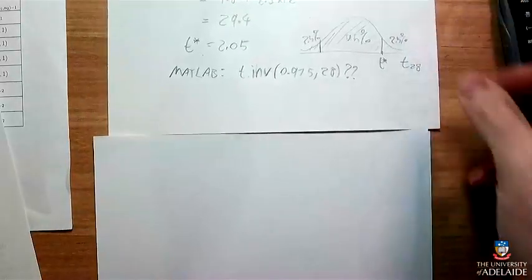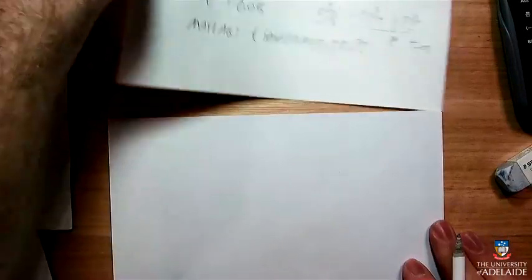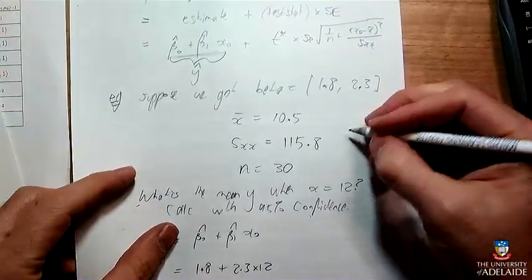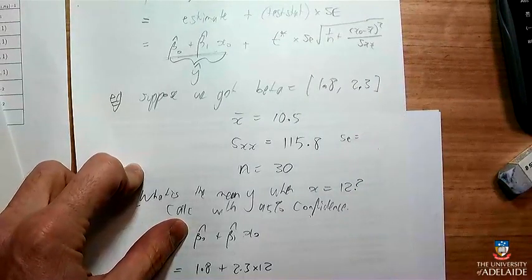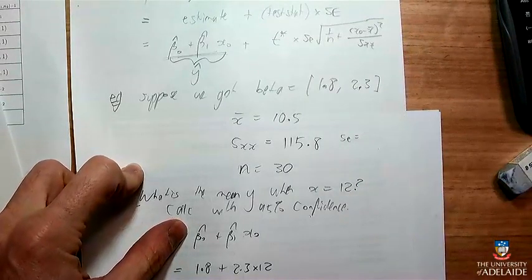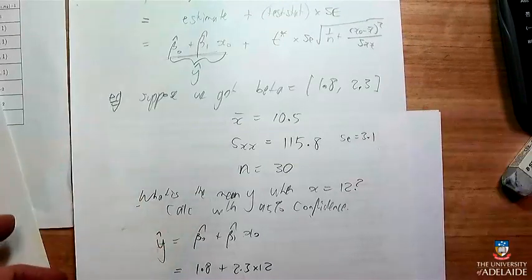All right. And then, oh crap, I didn't put the SE in. Pick a number, guys, for the SE, because it's never going to be a whole number.